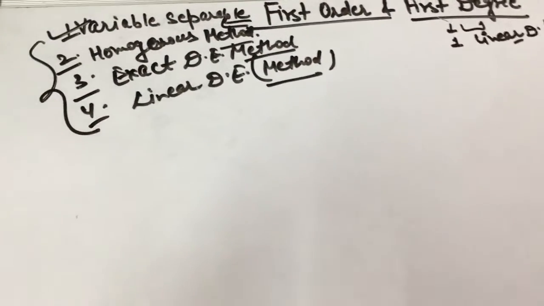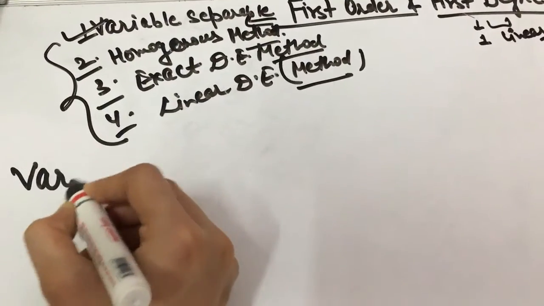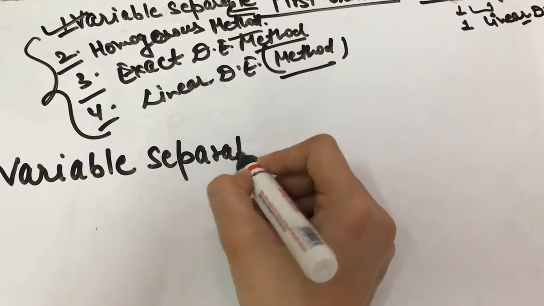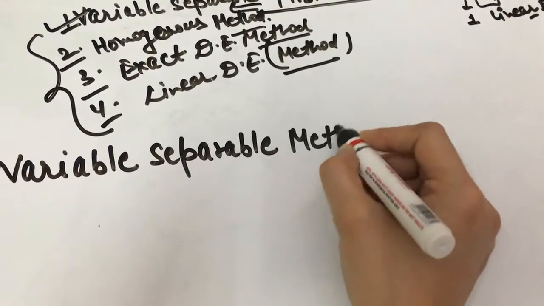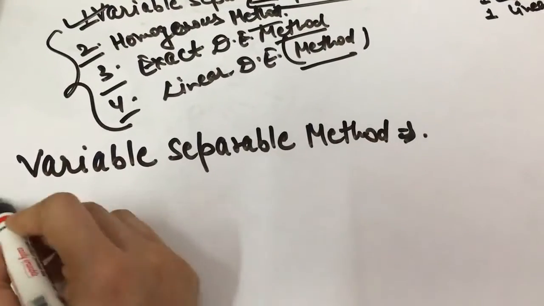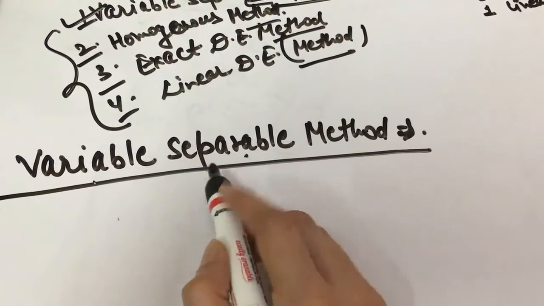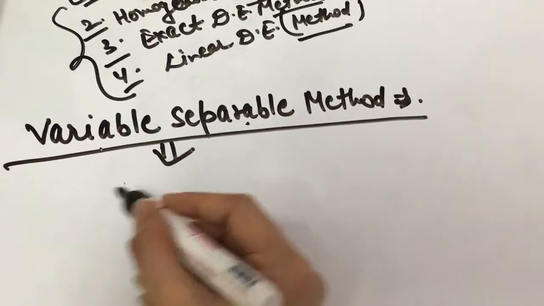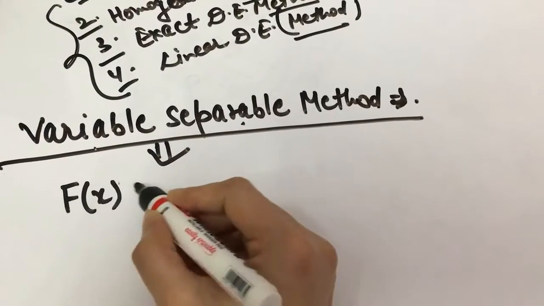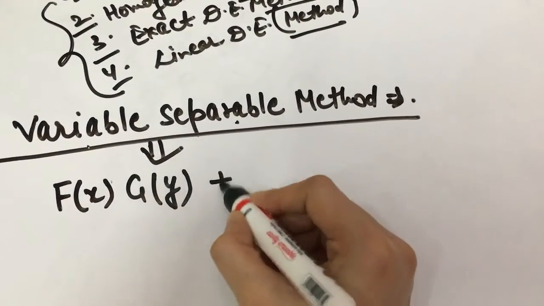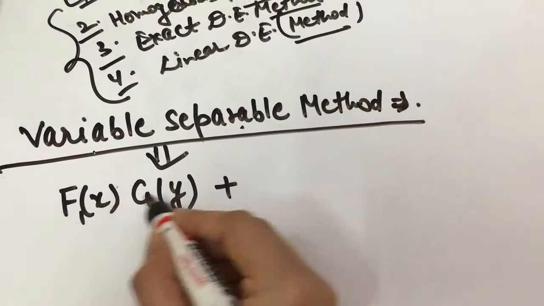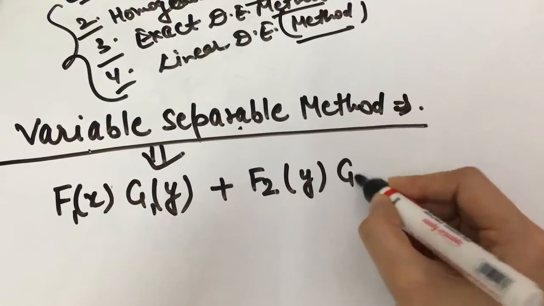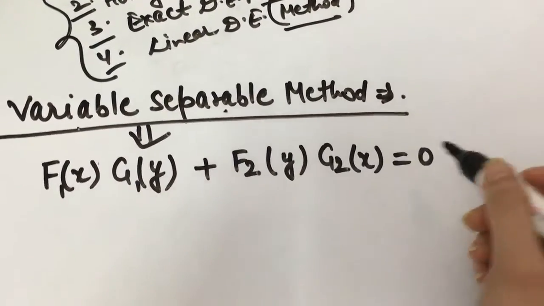So the first thing is, what is the variable separable equation or method? As its name itself says, variable separable, that means in this method we need to separate our variables. Suppose I have an equation like this, f1(x) g1(y) dx plus f2(y) g2(x) dy equal to 0.